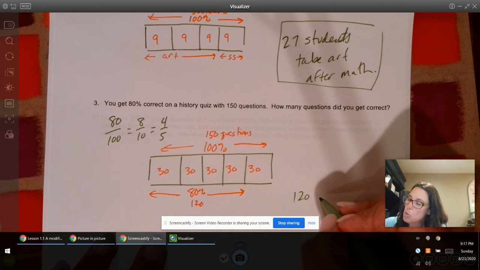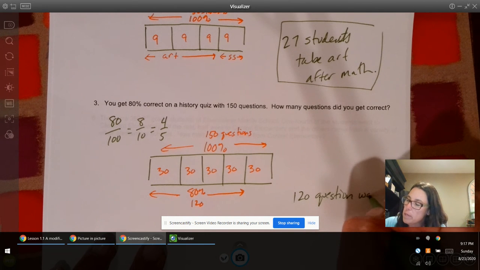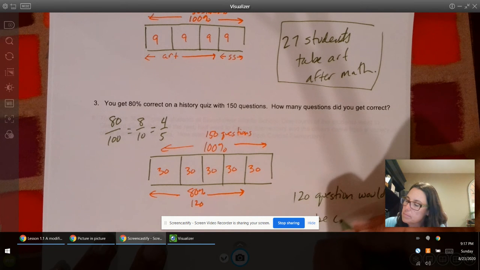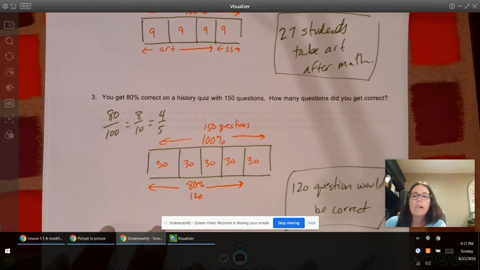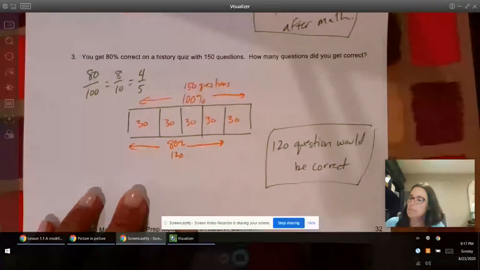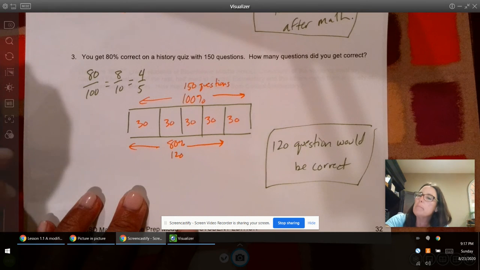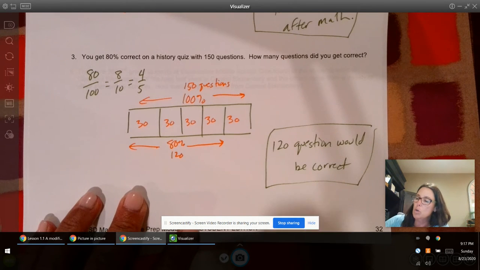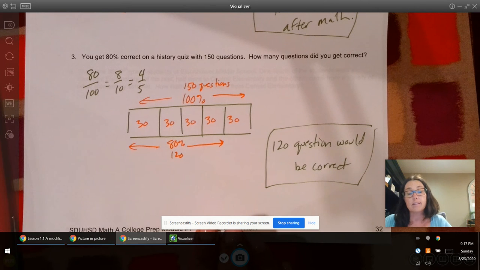So 120 questions would be correct. Scooch that up a little. Any questions on that one? If so, make sure you're marking up your papers so you'll remember in 2 days what you needed to ask in class about.